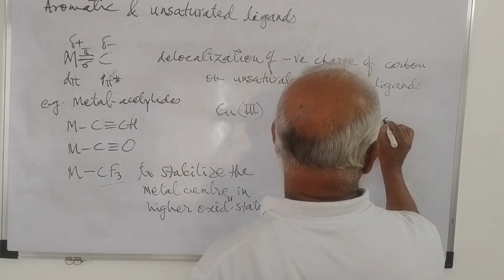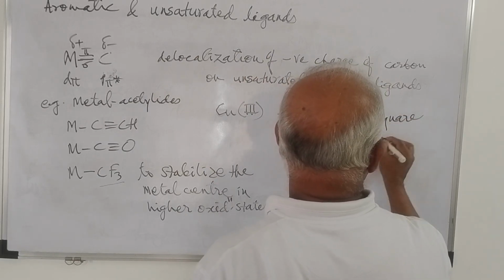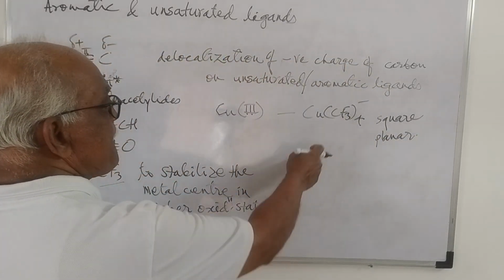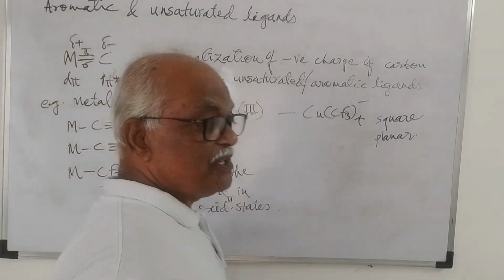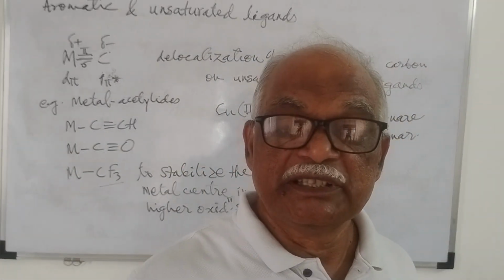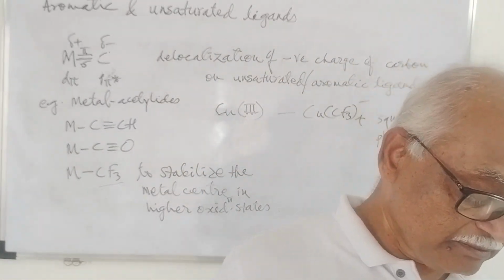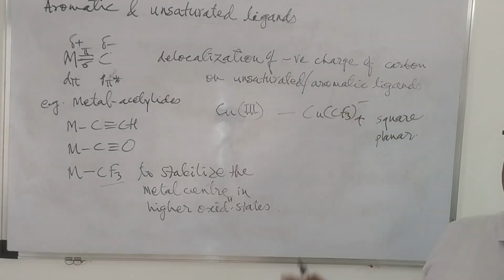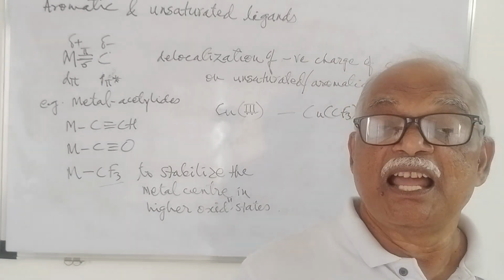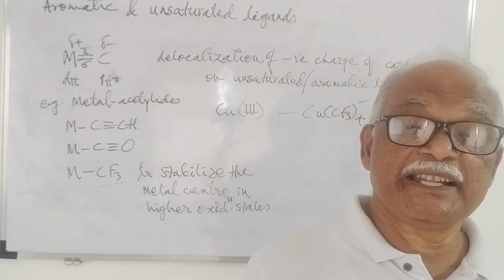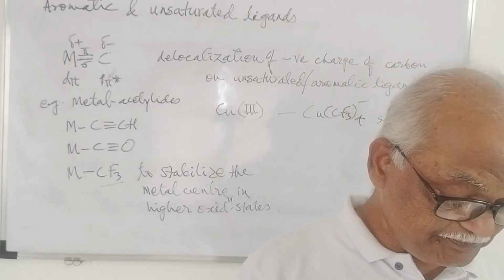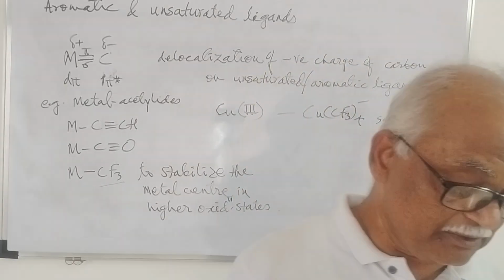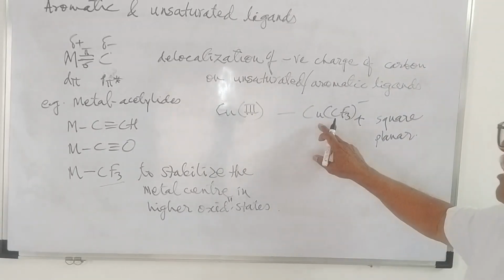Since the CF3 groups are strong electron attracting groups, this complex is found to be more stable. As a result, it can be isolated very easily, and the characterization of such compounds is also possible very readily.